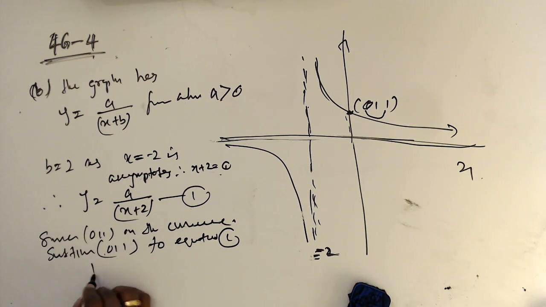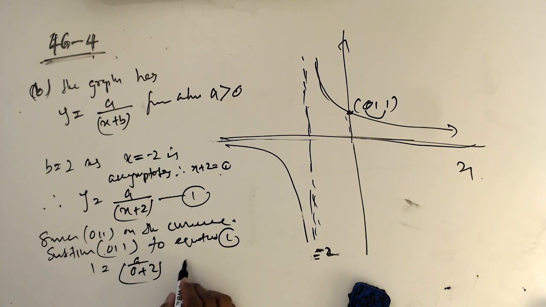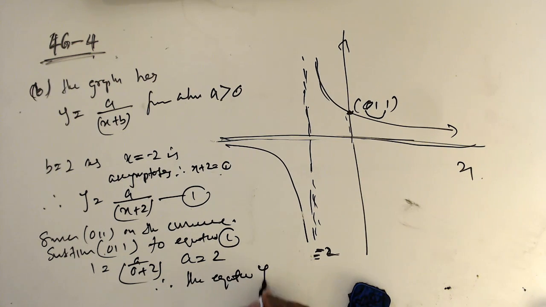So 1 equals a over 0 plus 2. Then a equals 2. Hence the equation is y equals 2 over x plus 2.